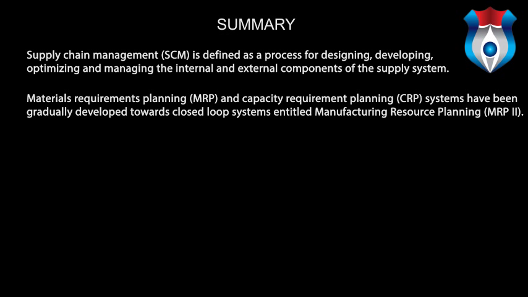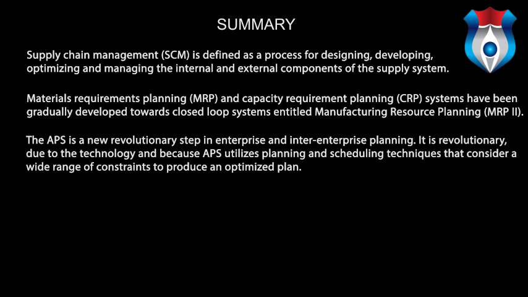Materials requirement planning, MRP, and capacity requirement planning, CRP, systems have been gradually developed towards closed-loop systems entitled Manufacturing Resource Planning, MRP2. The APS is a new revolutionary step in enterprise and inter-enterprise planning.